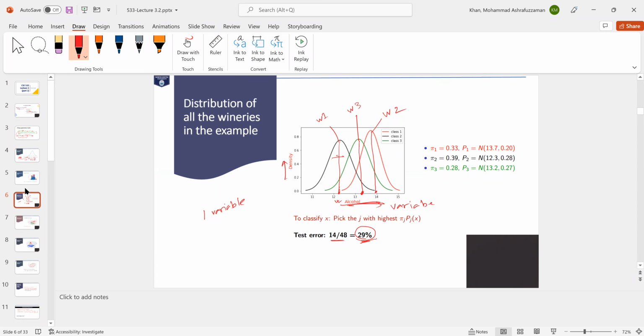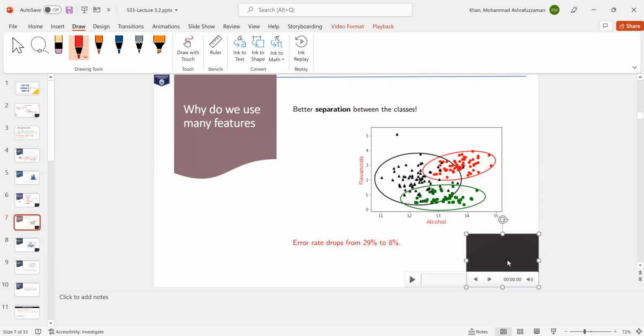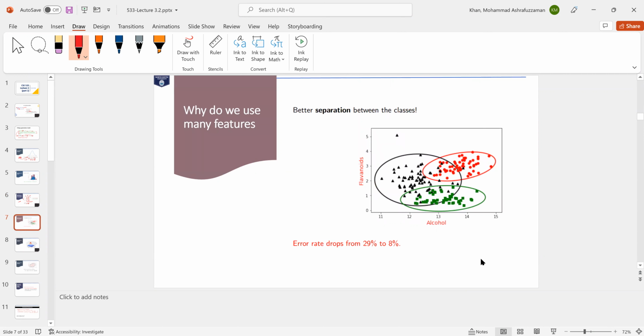So the author also tested with more features. For example, he tried two features, and for two features, at first he used alcohol level, and then he used flavonoids level.